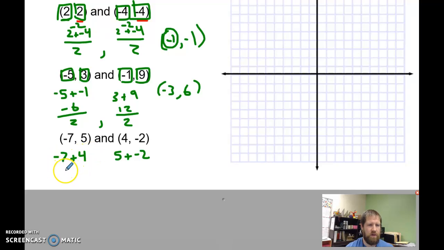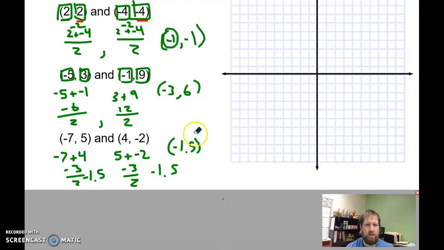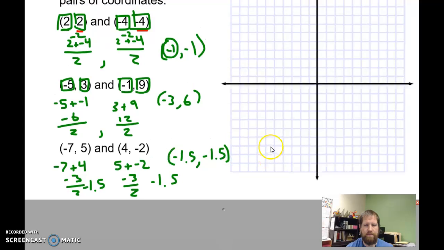Negative 7 plus 4 is going to be a negative 3. 5 plus a negative 2 is going to be negative 3. Divide by 2, divide by 2. I'm going to get a negative 1.5 for my x. Oops, not done yet. And negative 1.5 for my y.